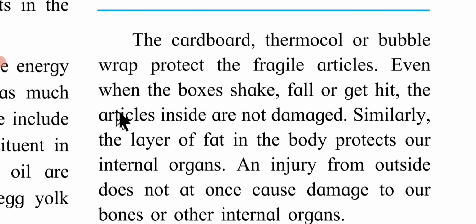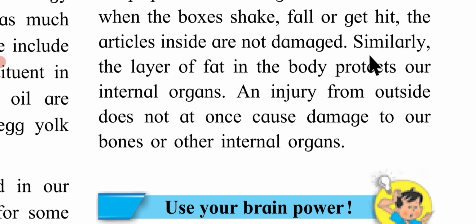Even when the boxes shake, fall, or get hit, the articles inside are not damaged. Similarly, the layer of fat in the body protects our internal organs. An injury from outside does not at once cause damage to our bones or other internal organs.